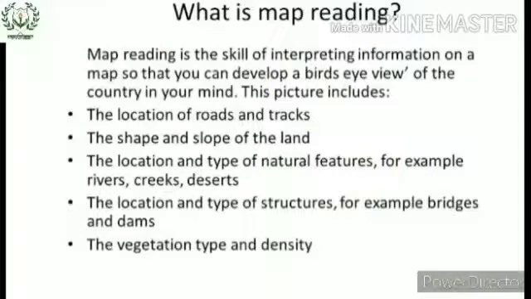What is map reading? Map reading is the skill of interpreting information on a map so that you can develop a bird's eye view of the country in your mind. This picture includes the location of roads and tracks, the shape and slopes of the land, the location and type of natural features.